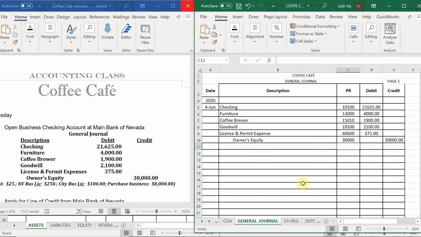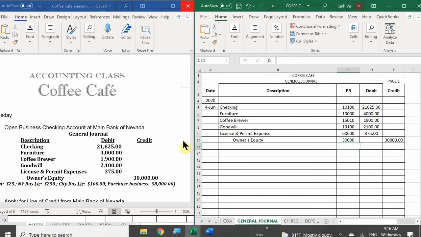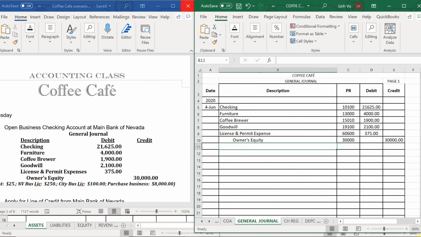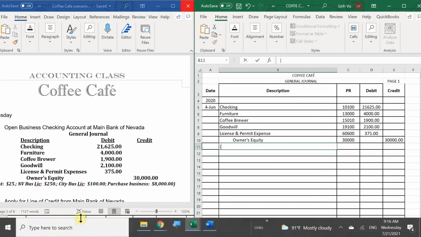I already spent $8,000 for just buying the company, and I spent an additional $375 to obtain a business license. So in this case, I spent money along the way, and I only have $21,625 left. So now I need to put a description saying what this transaction is.